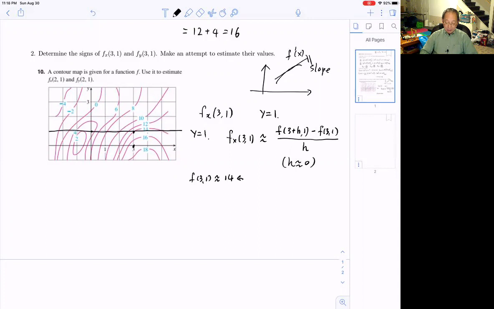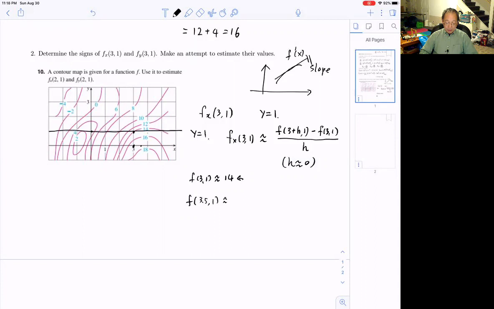Okay, now let's move a little bit. We need to move x, so move to the right a little bit. This is 3, this is 1, this is 2. Let's say we move to 3.5, okay? So (3.5, 1).